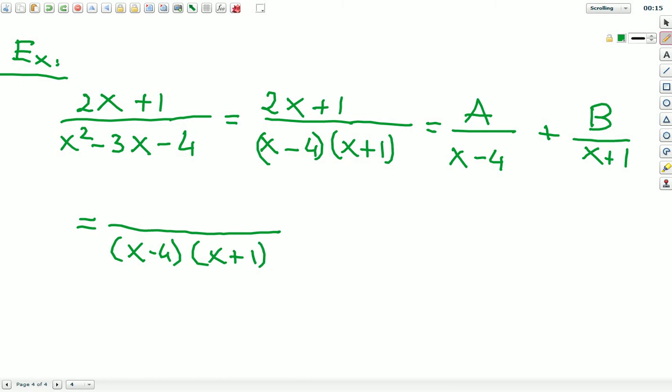So the first fraction I'm going to multiply through by x plus 1. I get A times x plus 1 plus B times x minus 4.